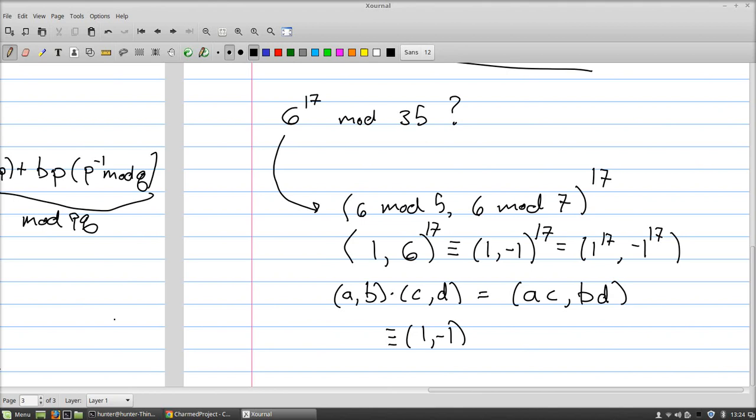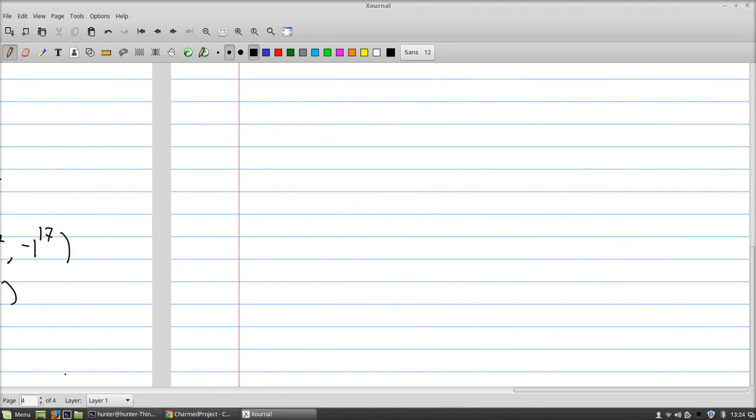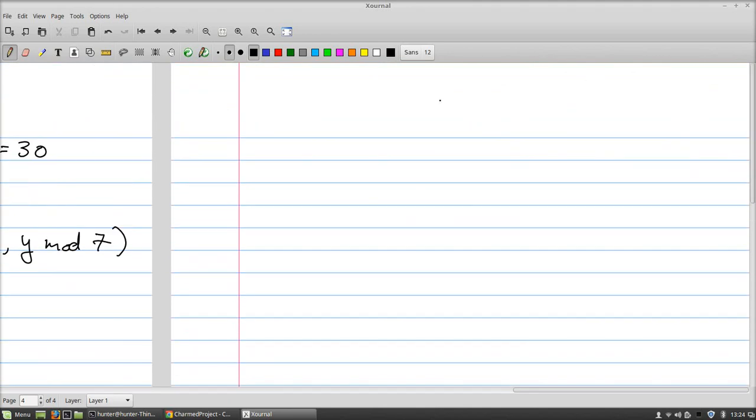So now to finally answer the question and see what 6 to the 17th power is, all I need to do is send this back up to Z mod 35. So now I want to lift (1, minus 1) back into Z35. How can I do this?